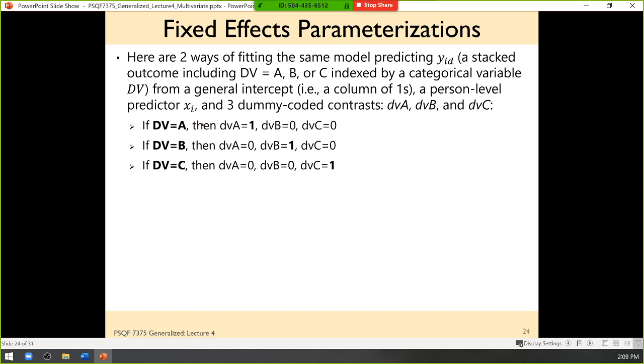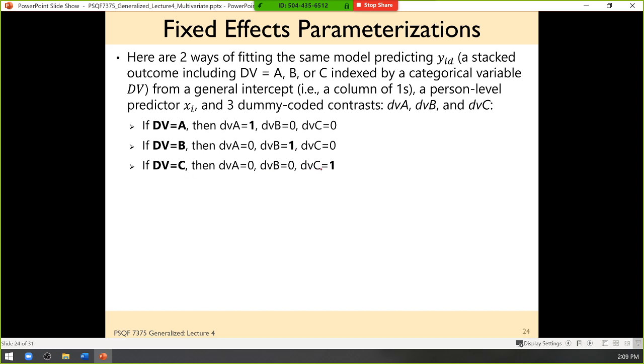Additionally, then I would need to make 3 dummy codes. So I have an index for whether or not it's DVA, and if the row is for DVA, then that index takes a value of 1. If that row is not for A, if it's for B or C, that index is 0. If it is for B, then the index for B is turned on.